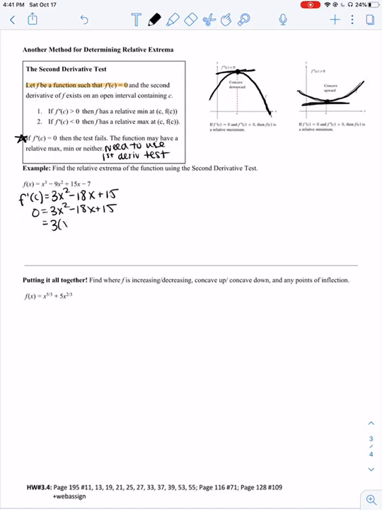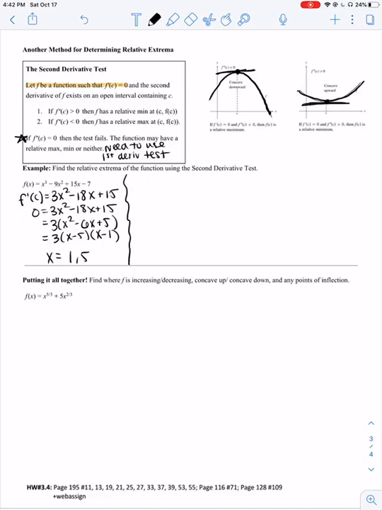Factor out a 3. Factor it a little more. Is that right? x minus 1, x minus 5. Okay, and we get x equals 1 or 5. Those would also be the critical numbers of this function.